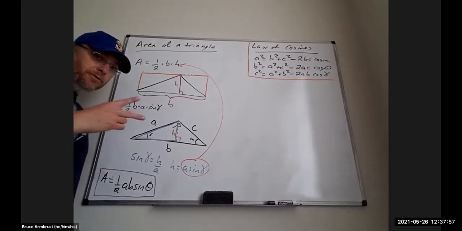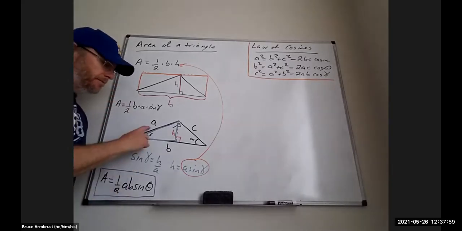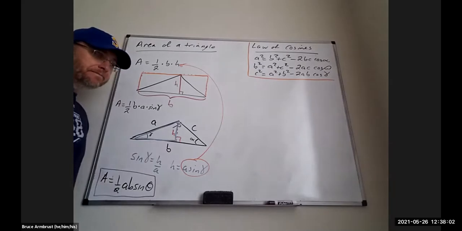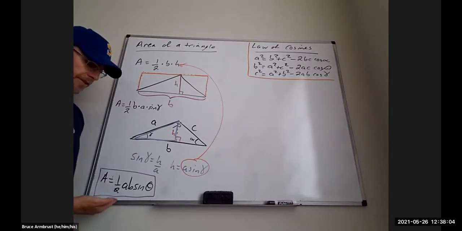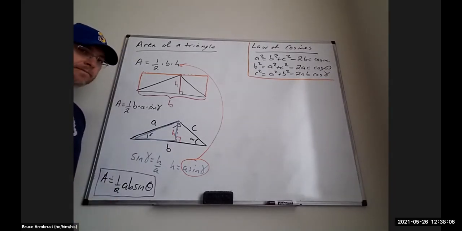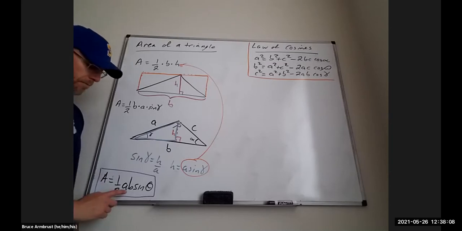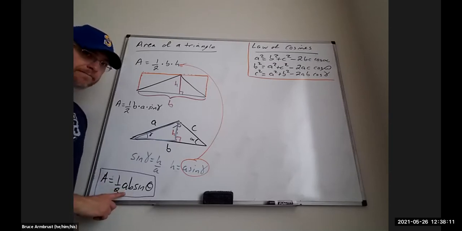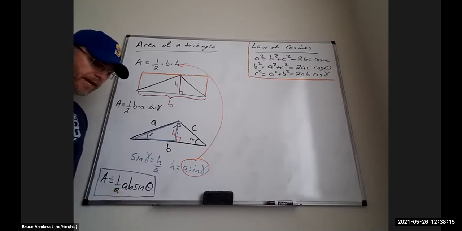So if you know two sides and the angle in between them, side, angle, side, you can get the area of the triangle. So learn this one. This is going to come back. We use this all the time: 1/2 AB sine theta.